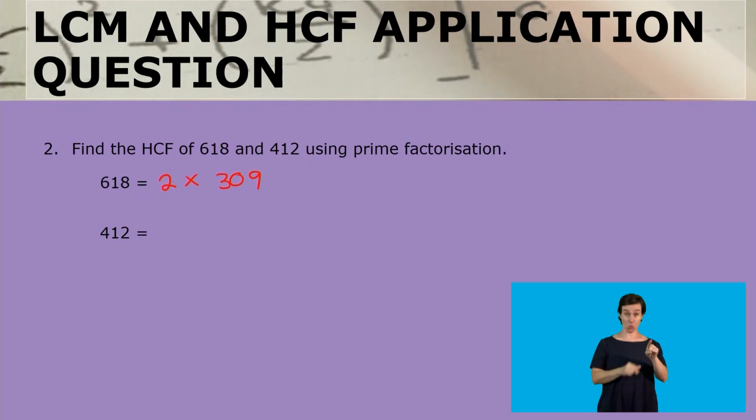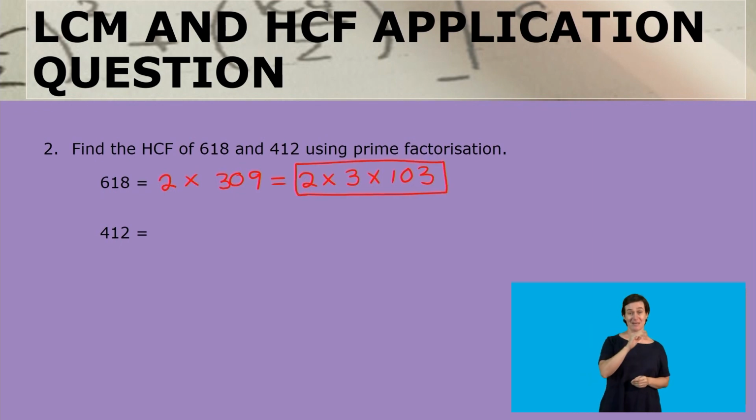But 309 is not a prime number, so we can break that down even further. That is 2 multiplied by 3 multiplied by 103. And 103 is actually a prime number. So this means that 618 represented as its prime factors is 2 multiplied by 3 multiplied by 103.